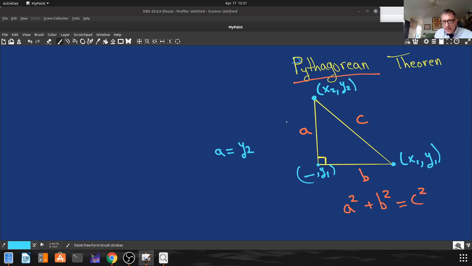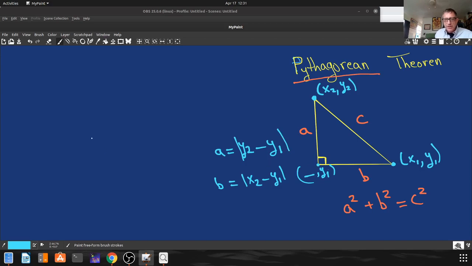So A is y2 minus y1, and how do I find the distance of B? The exact same way. I take the absolute value of x2 minus x1. Actually, what you would probably want to do is just take the absolute values.